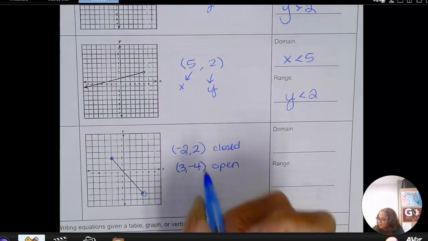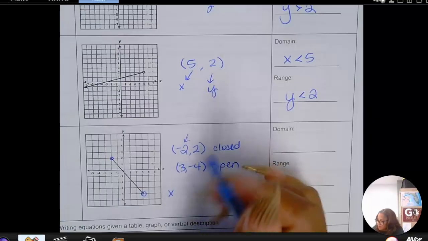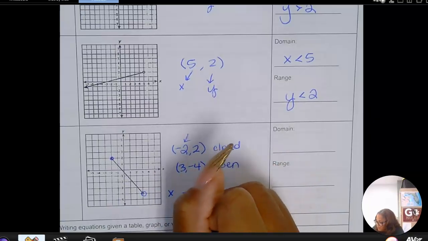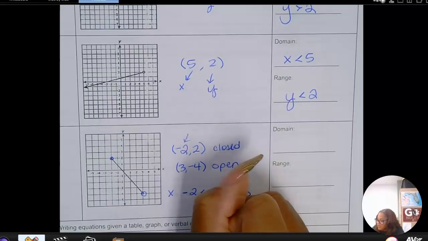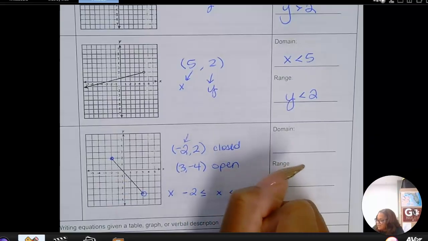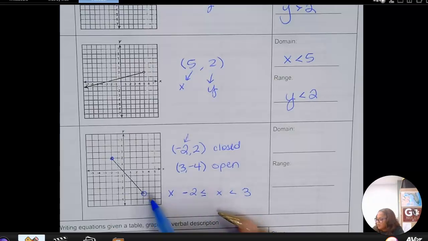So whenever I look at my x values, it's -2 to 3. -2 to 3. And the -2 is closed, so I must make an inequality saying that x is less than or equal to, -2 is less than or equal to x, which is less than 3. There is no equal to sign here because this one is open.